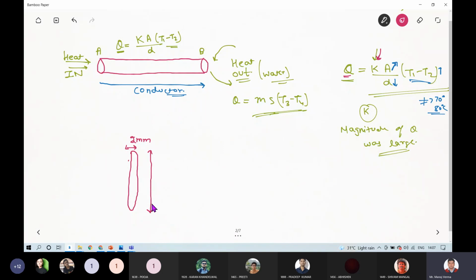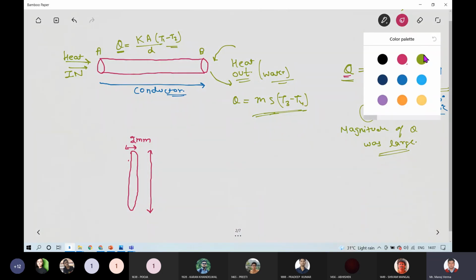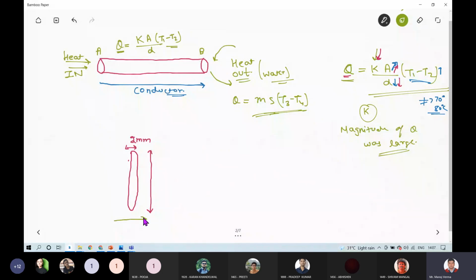So you can see that if I am increasing my A, I am decreasing my d, then of course the amount of heat transferred through this sample can be increased, up to such a level that it can be measured with good accuracy experimentally.